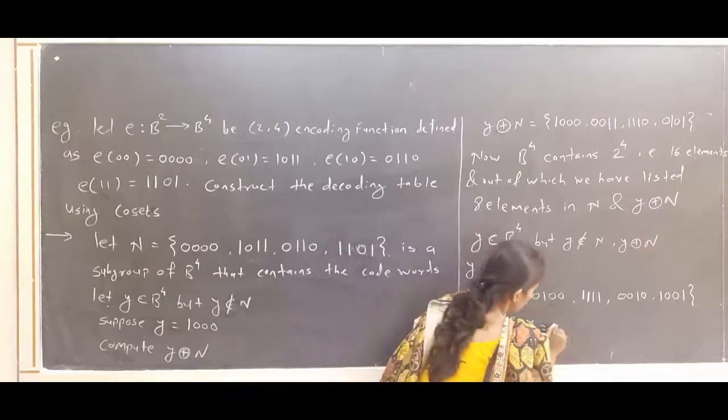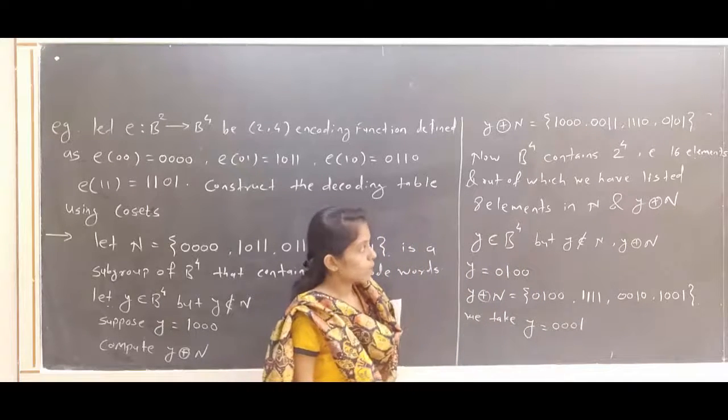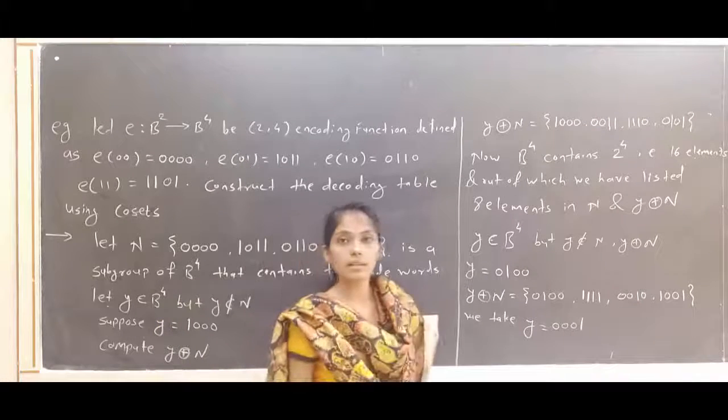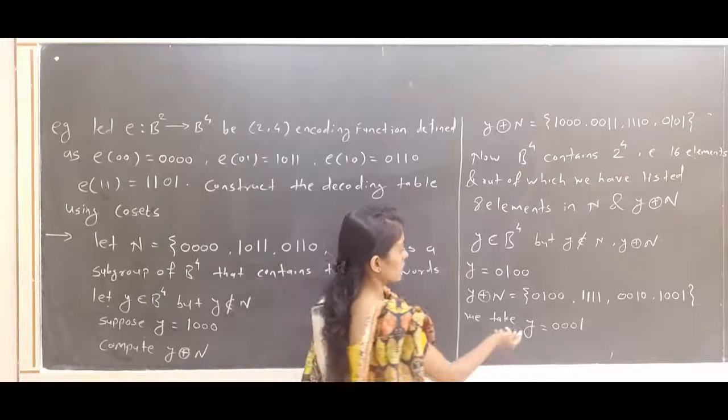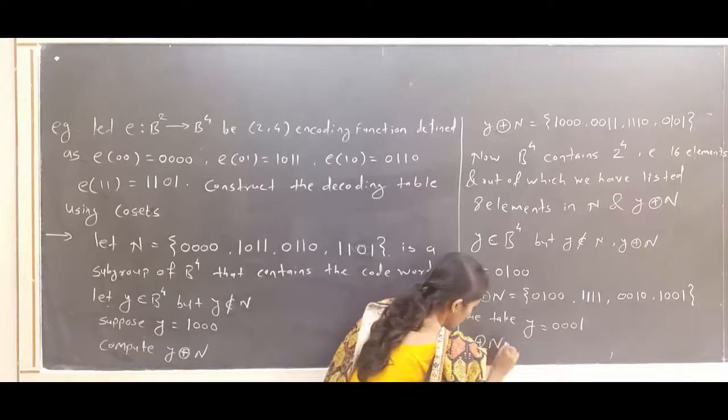Okay, so here we take 0001, right? So now check 0001 does not belong to all these 3 cosets. So here we take this. Now we find the new coset y ring sum N.